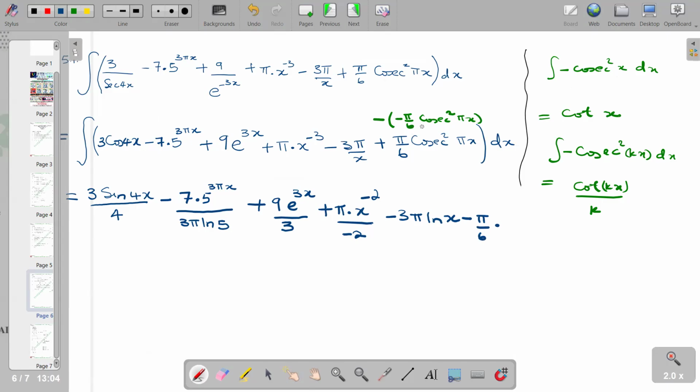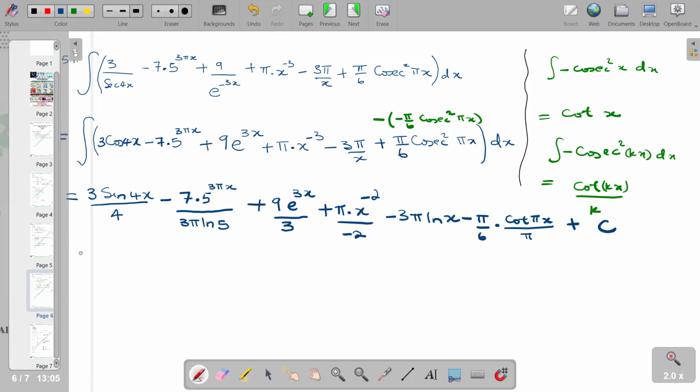Then this part, when it's integrated, is going to give us cot pi x divided by this pi. Then always remember, we'll eventually add an arbitrary constant after we are done with integration.